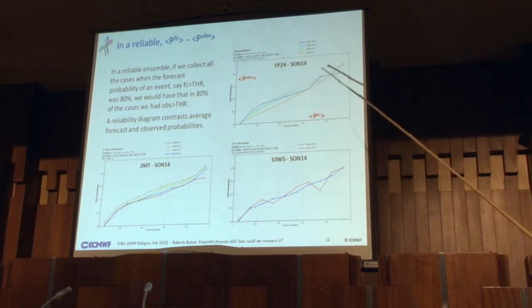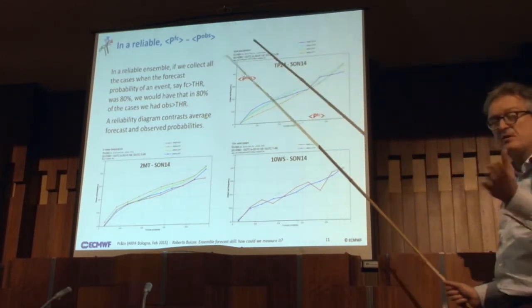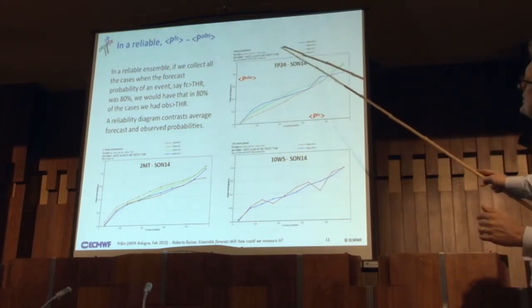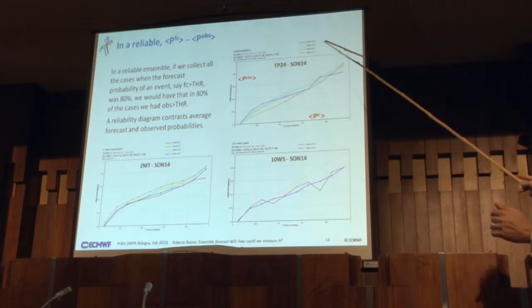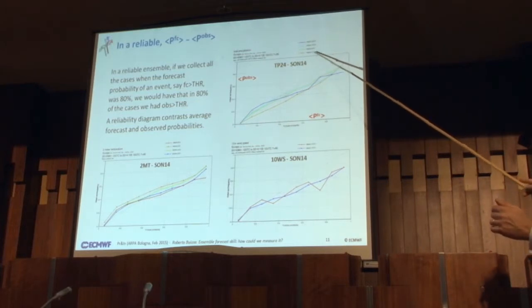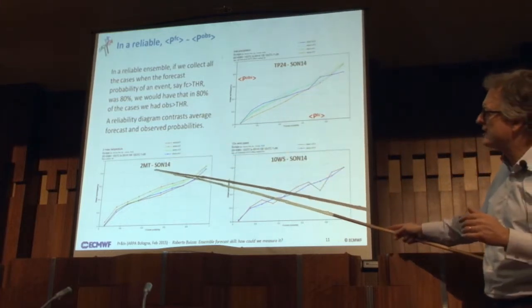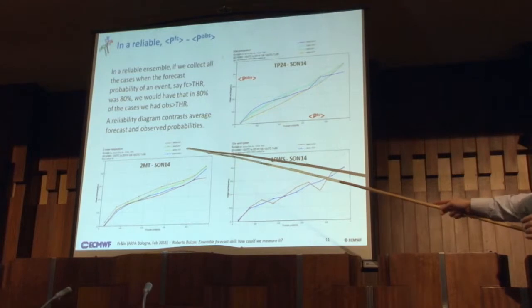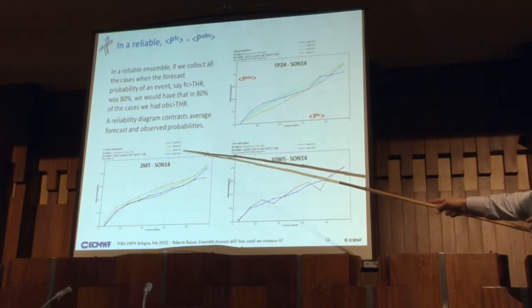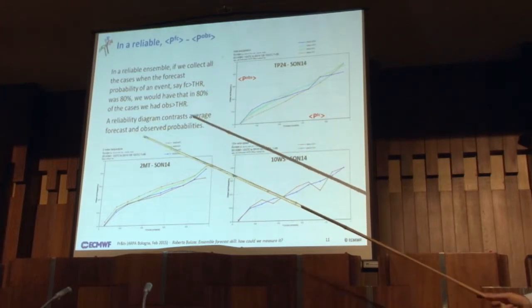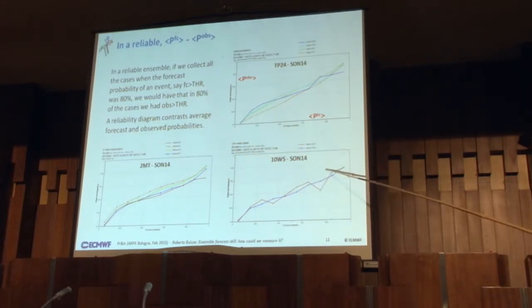So what I'm showing here are these probabilities for some dichotomous events. This is the probability of total precipitation in excess of 1, 5, 10, and 20 millimeters of rain. This is for 2 meter temperature below 4, below 8 degrees, above 4, and above 8 degrees with respect to the mean. And this is 10 meter wind speed.